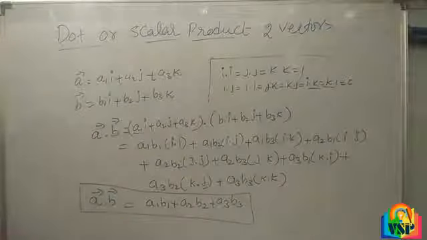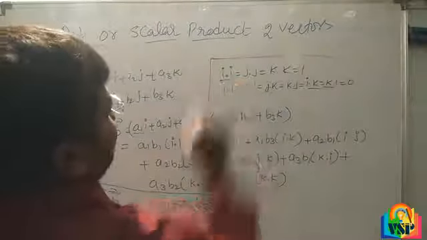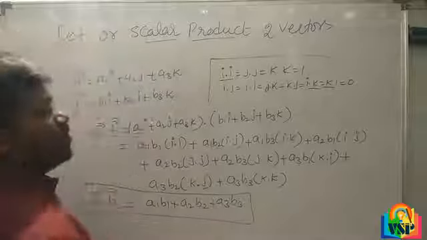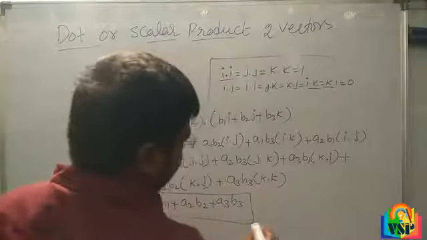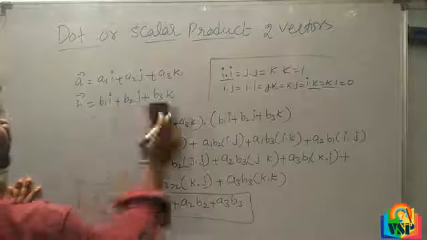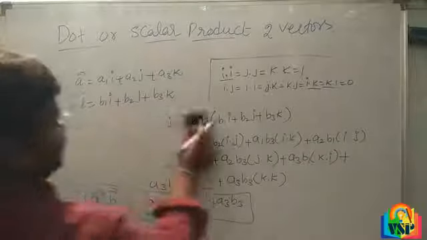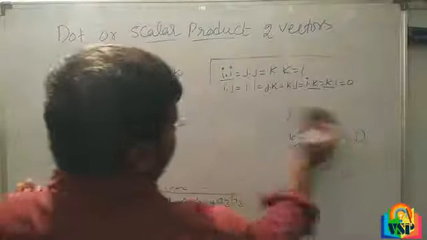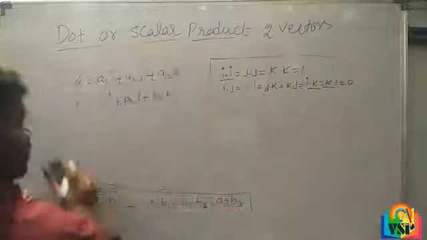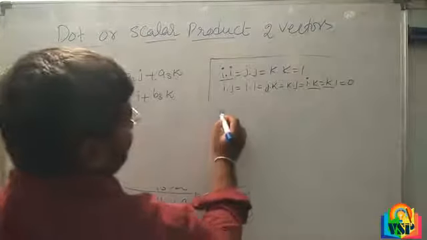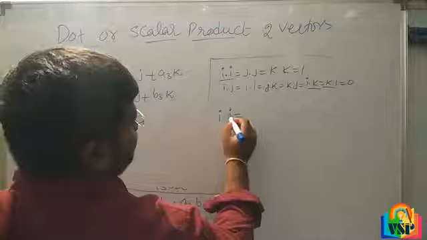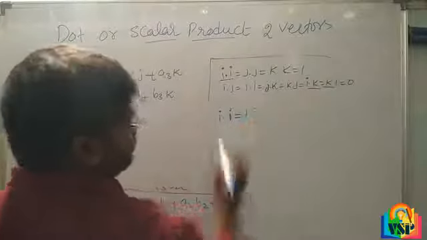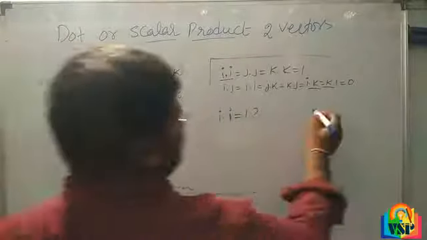Understand my children? See here, why is i dot i equal to 1? How can we get it?